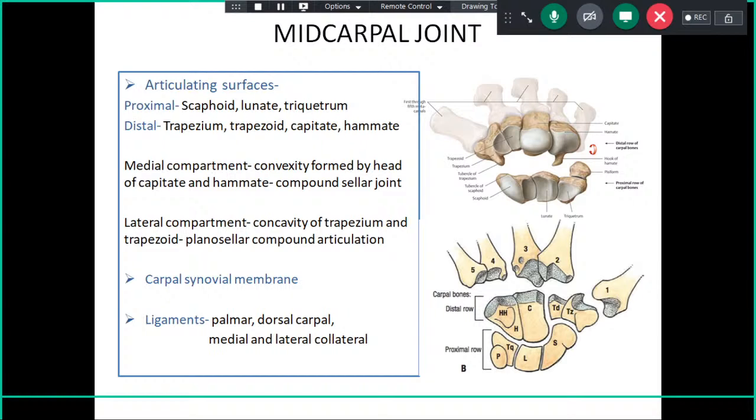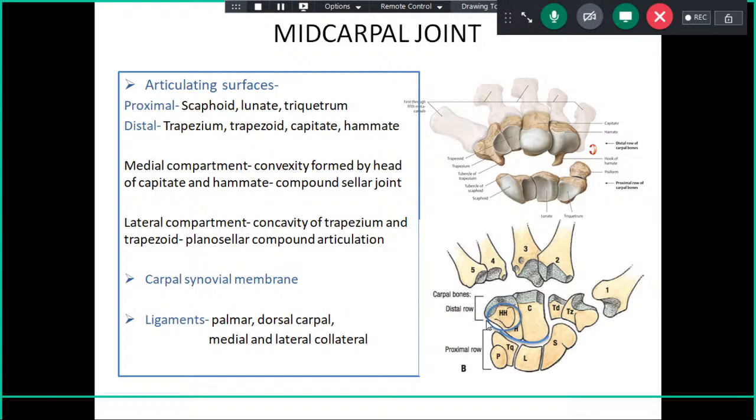There is a medial compartment, which is formed by the convexity formed by the head of the capitate and the hamate. This is from the distal row. In the medial compartment, there is a convexity formed by the head of capitate and hamate, which fits into the concavity formed by scaphoid, lunate and the triquetrum.